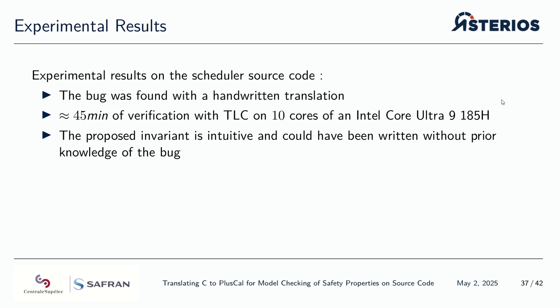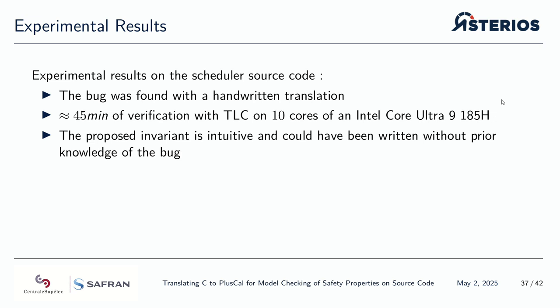So what we can do is use the tool to translate some functions of the scheduler source code, and we need to translate some other parts by hand because they are not handled by our tool. But by doing this, we managed to find the bug that we searched for.